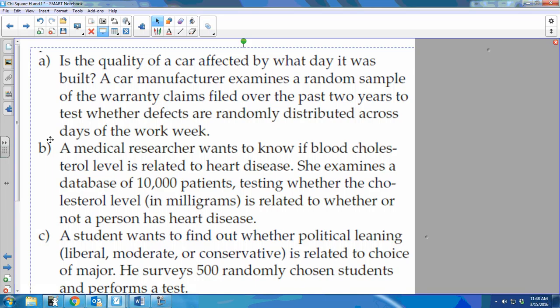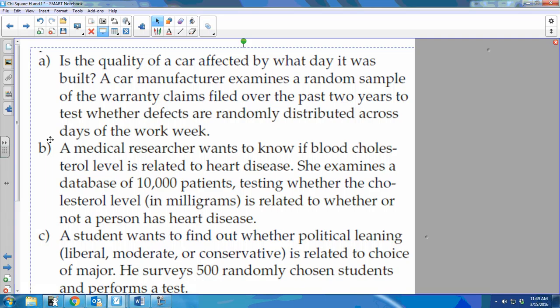Goodness of fit. You only have one variable, right? You just want to know about when the claim is filed over a specific day of the week. And it says, is it randomly distributed across the days? So you're saying the days of the week would be equally likely, which would be theoretical. Then your sample, you would split them up into days of the week. So you only had one variable there. So that's a goodness of fit.